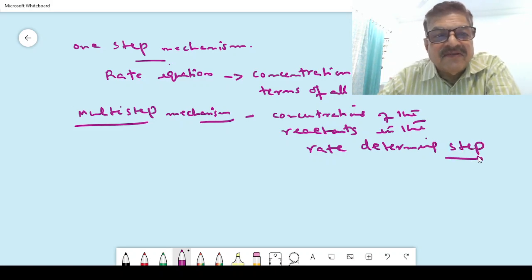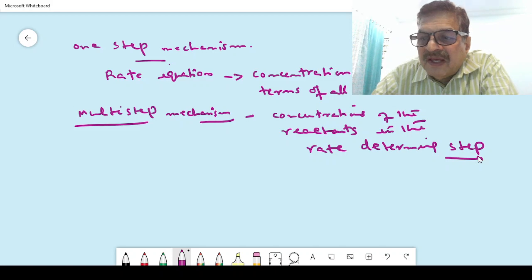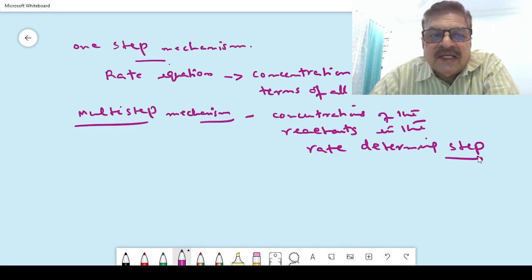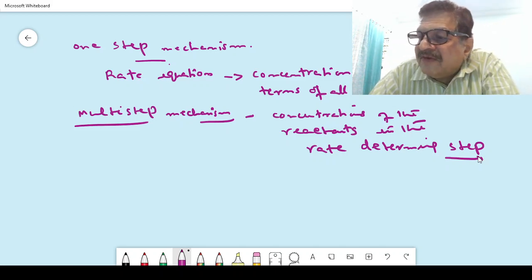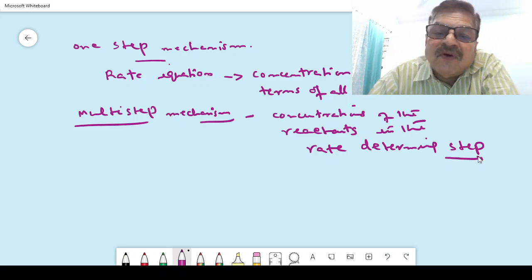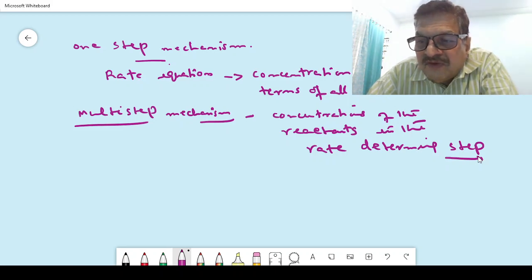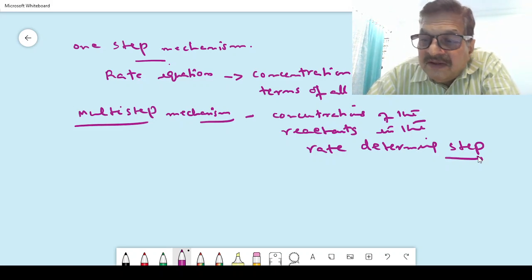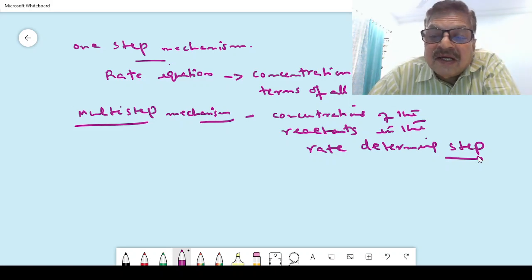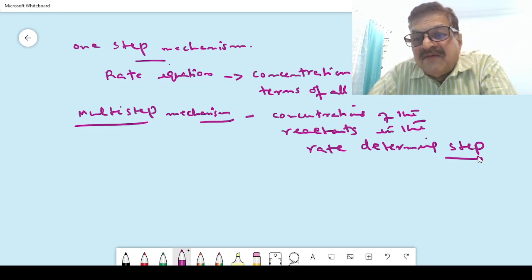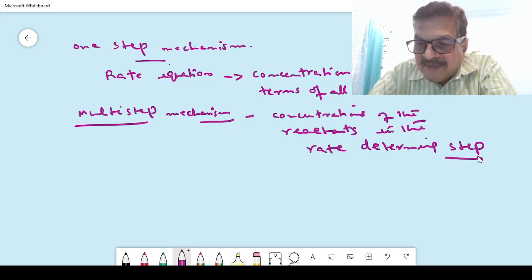This is the difference between a one-step mechanism and a multi-step mechanism. In a one-step mechanism, the rate equation will contain the concentration terms of all the reactants involved. In a multi-step reaction, the rate equation will contain the concentrations of only those reactants involved in the rate determining step. We have discussed what a rate determining step is.